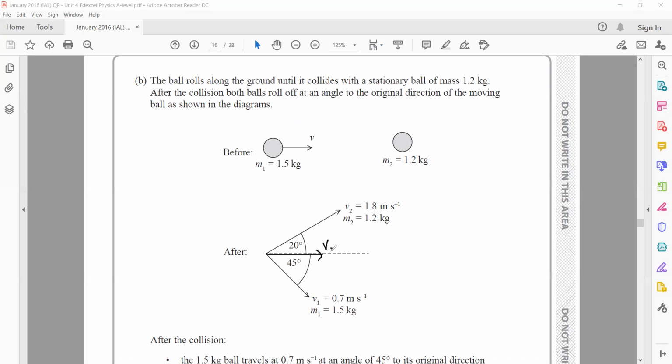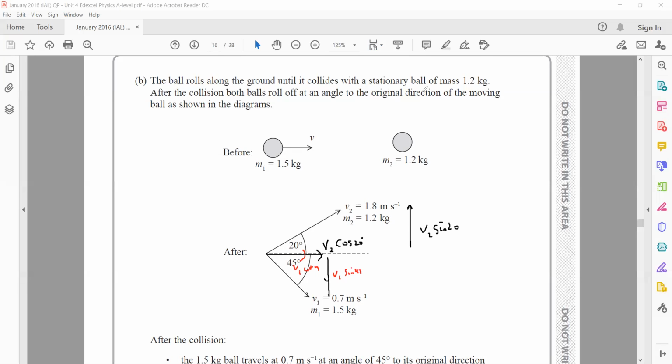This will be V2 cos 20, and against the angle, this will be V2 sin 20. And this one is also along the angle, so this will be V1 cos 45 and this will be V1 sin 45.